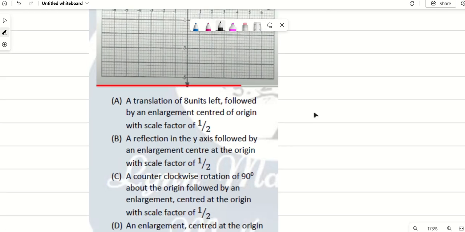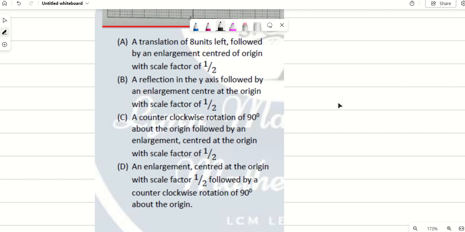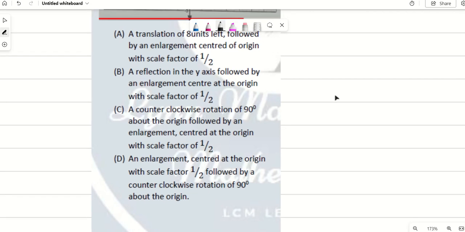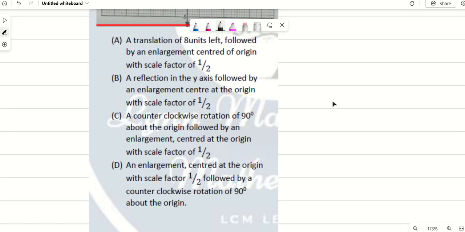So it's not a rotation. Through a process of elimination, you know it's not translation, it's not rotation, so the most logical answer would be B.